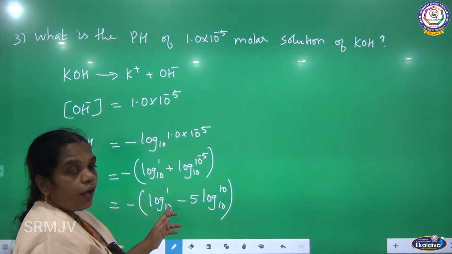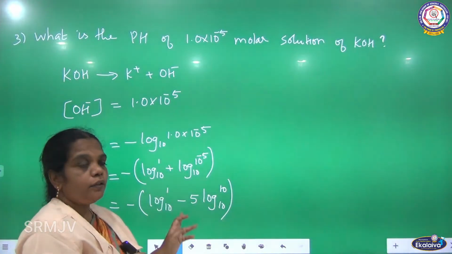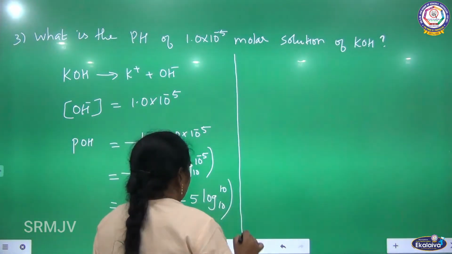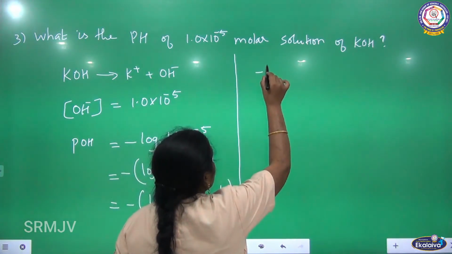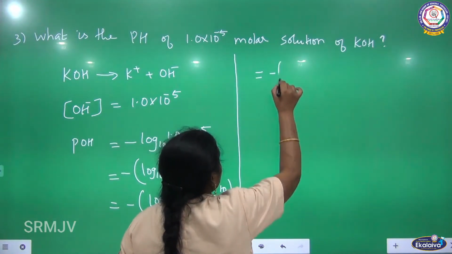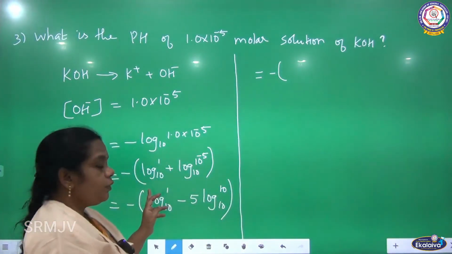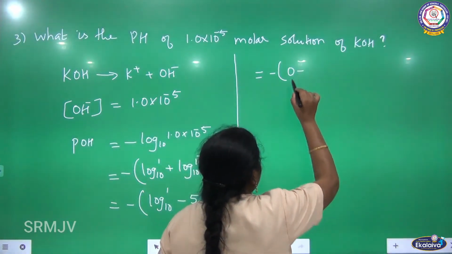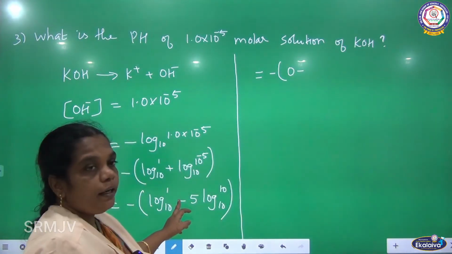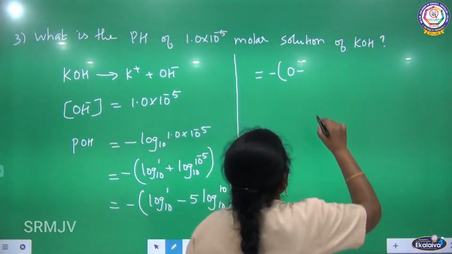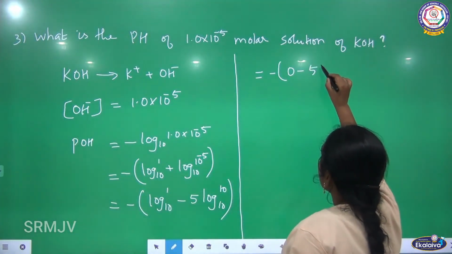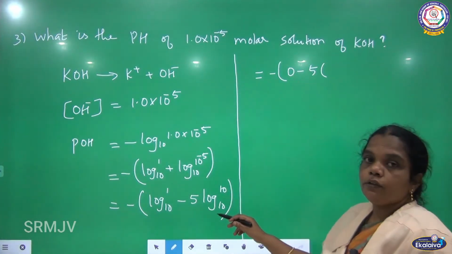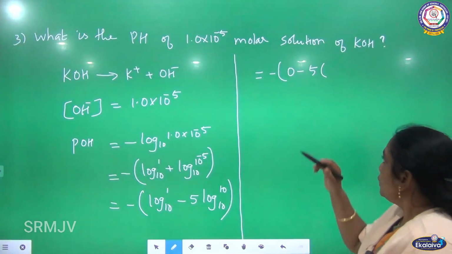Now you give the value for log 1 and log 10 to the base 10. The value of log 1 to the base 10 is 0 minus, now you see this here, minus 5 into, the value of log 10 to the base 10 is 1.